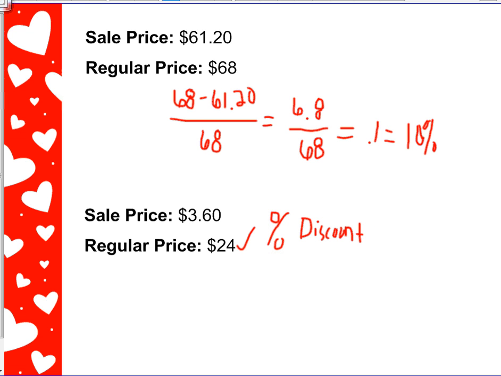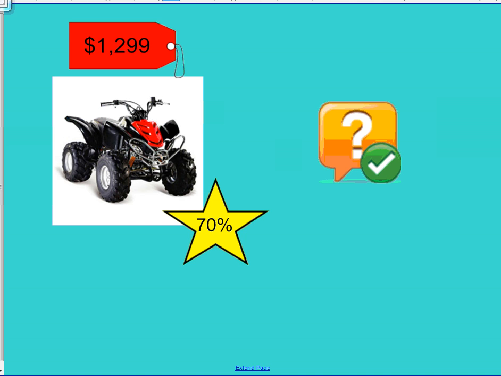Okay, all right. So this is very common when you're talking about different items. For example, I have a big four-wheeler that is going for a price of $1,299, and I know that it's 70% off. So I want to figure out what the new price is. Just like in the markup problem, we can figure this out by plugging things into our equation.